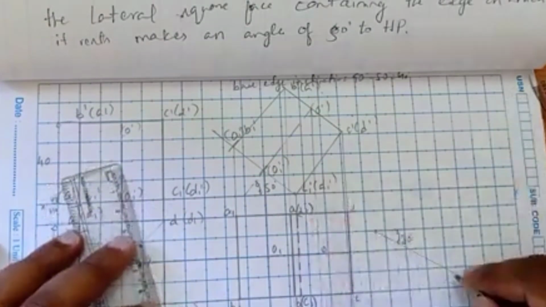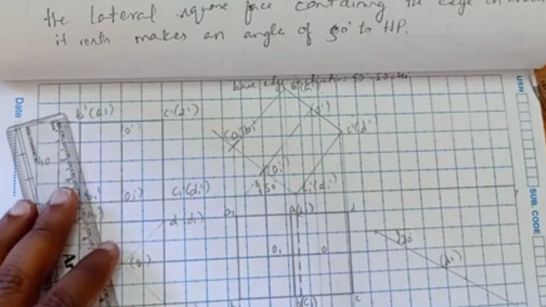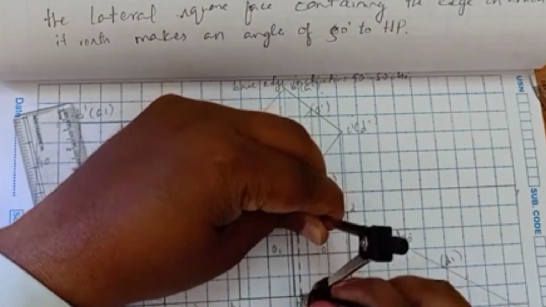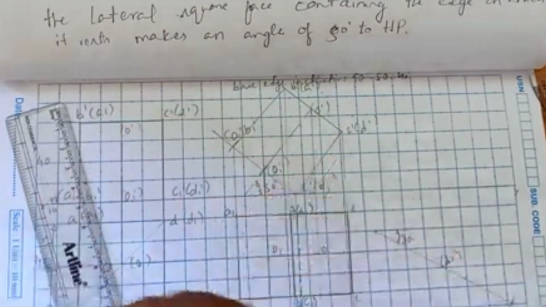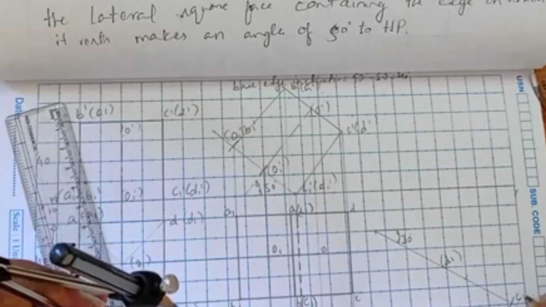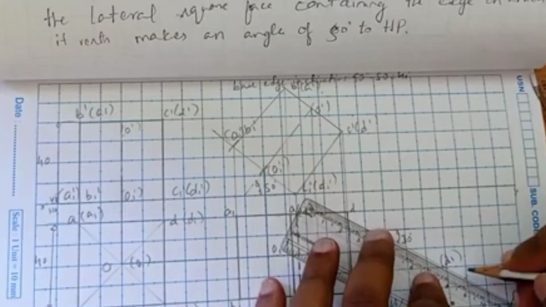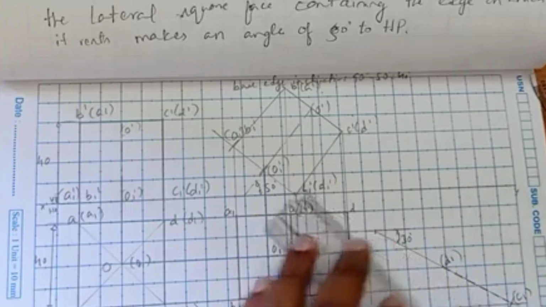You have to take this reference point of D1. From D1 to C1, cut the arc. So this is a dashed line. We'll be showing it with the dashed line. Okay.